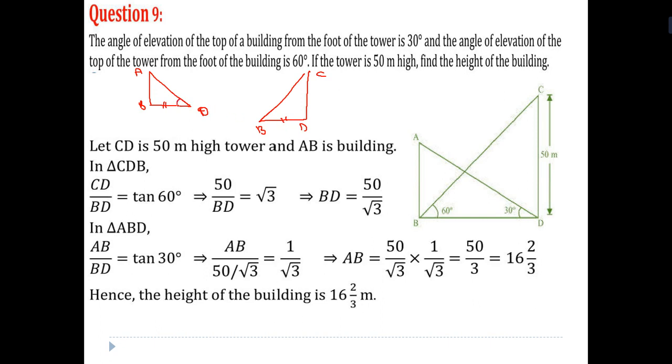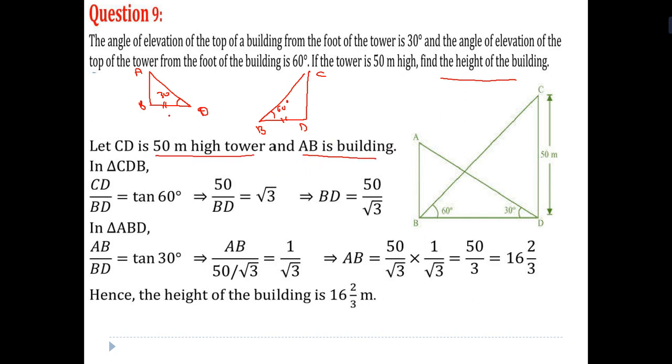Here we have to use 30 degree. Here we have to use 60 degree. Now we have to find out the height AB. That is the height of building. Here AB is equal to building and CD is a tower.